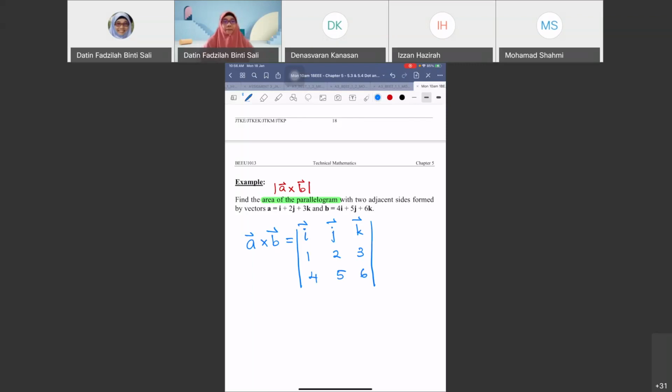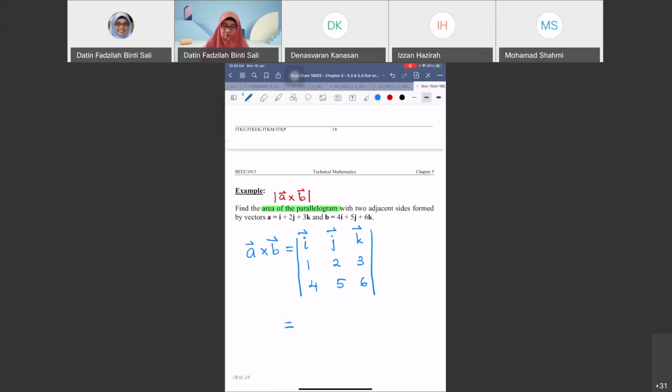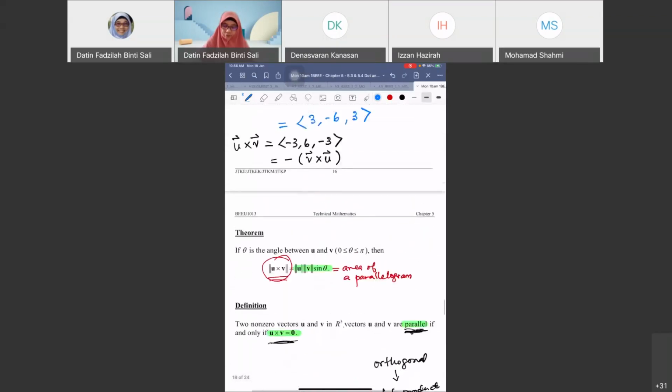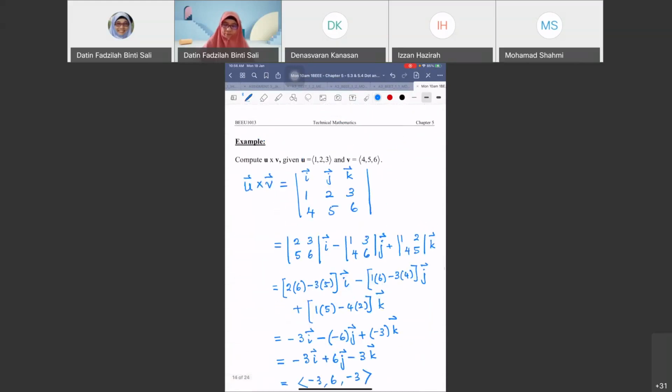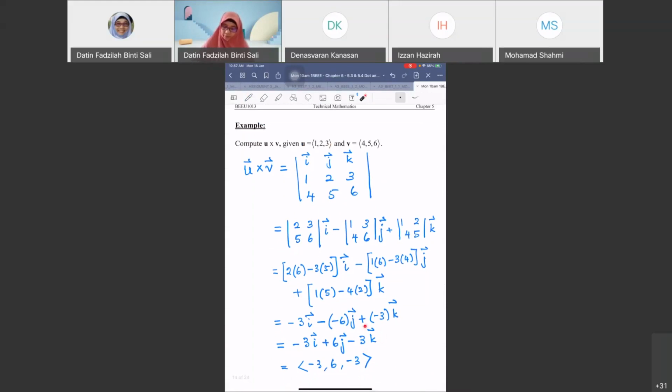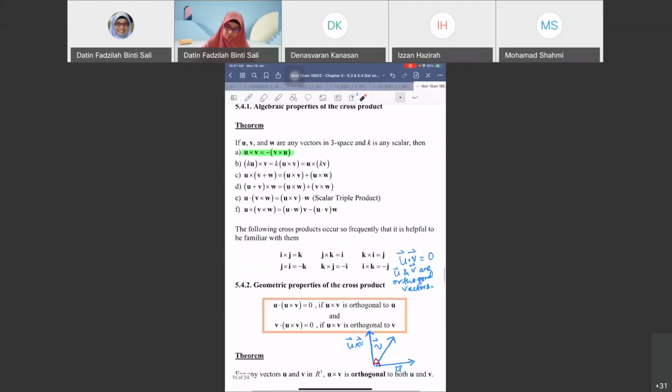So A cross B, we have done this earlier, the earlier example here. I just want to take the answer and continue with the magnitude. You will get minus 3i plus 6j minus 3k. So I'm just going to use that answer.